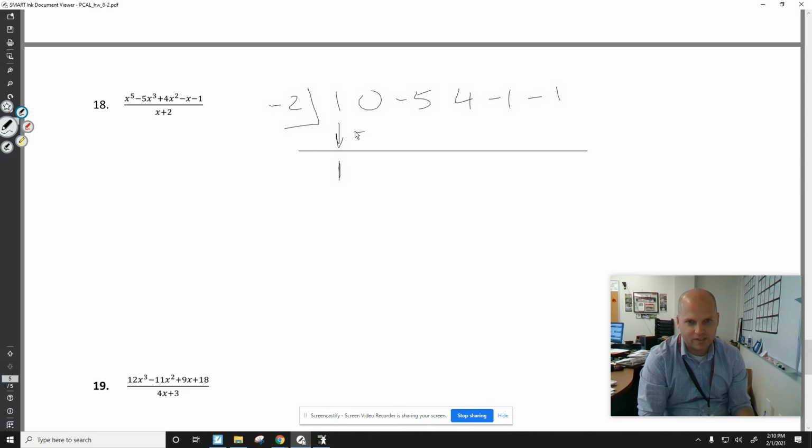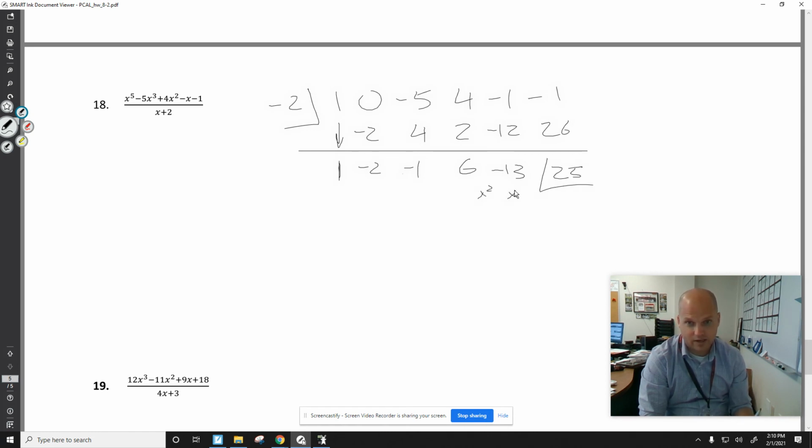Negative 2 times 1 is negative 2. Add. Multiply. Add. Multiply. Add. Multiply. Add. Multiply. Add. This is the remainder.